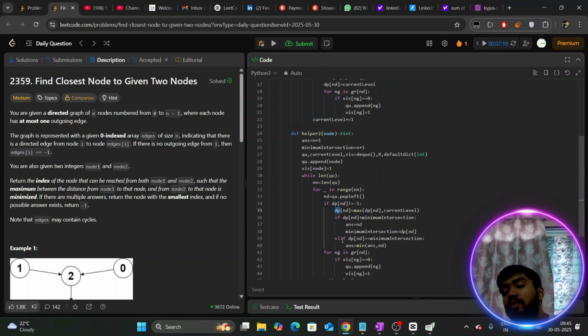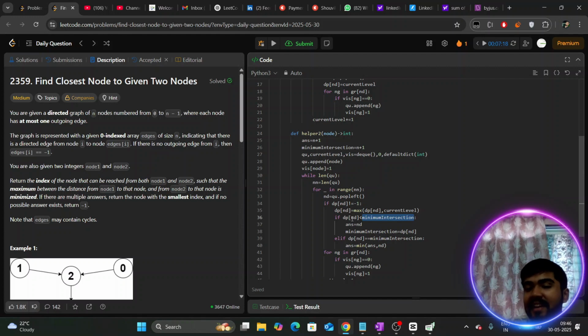Now for these two cases: this variable is holding the minimum intersection time we need to reach the party point.